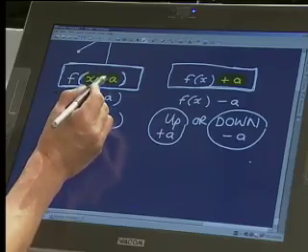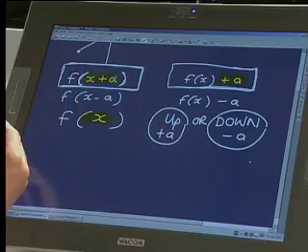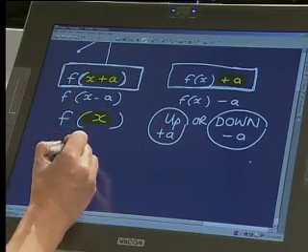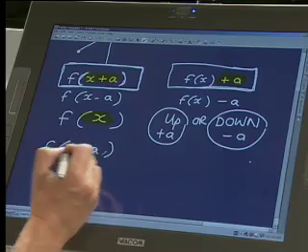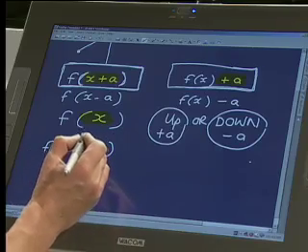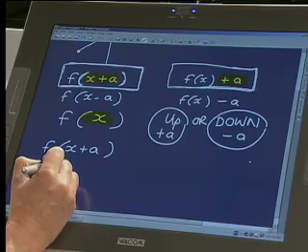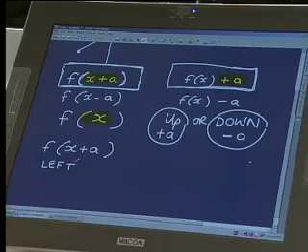Right? Down. Yes. If, on the other hand, we have this situation here, where we have the plus a inside the bracket, then we're going to have a horizontal shift. And in the case of plus a, it works the other way around. This will move to the left, horizontally to the left.